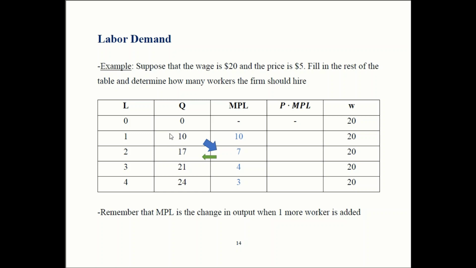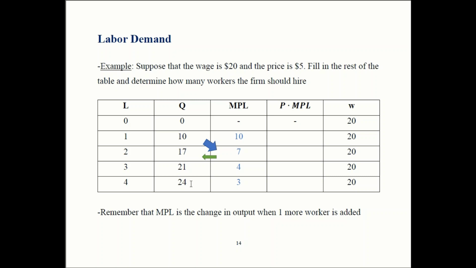That's an increase of 7, so the MPL is 7. When output goes from 17 to 21, that's an increase of 4, so the MPL is going to be 4. Lastly, output goes from 21 to 24, that's an increase of 3. So that tells us the MPL.